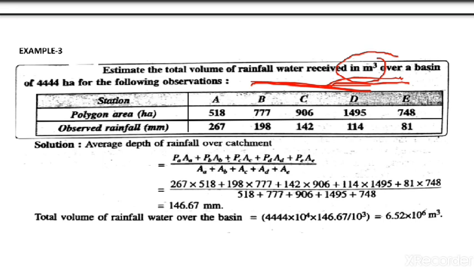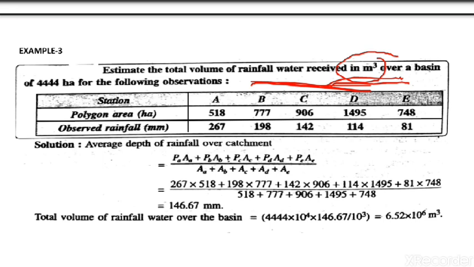Very easy. Rainfall volume is nothing but the rainfall depth times the area of the basin. So first we have to find the average rainfall depth, then we will multiply by the area and we will get the rainfall volume.